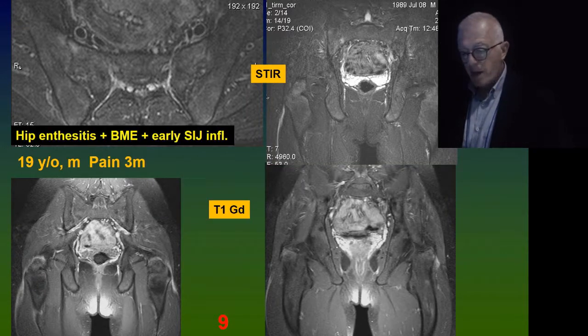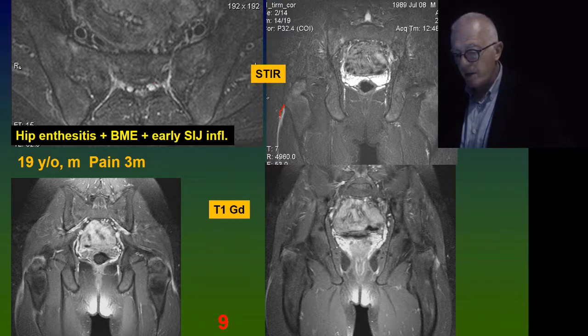This is hip enthesitis. You see that in this young guy we have edema in the soft tissues in between the intermuscular fascia. Here you see extensive edema, which is also enhancing, with bone marrow edema in the hips. This is reactive to the enthesis, but we also have these tiny areas of bone marrow edema on both sides of the right sacroiliac joint.